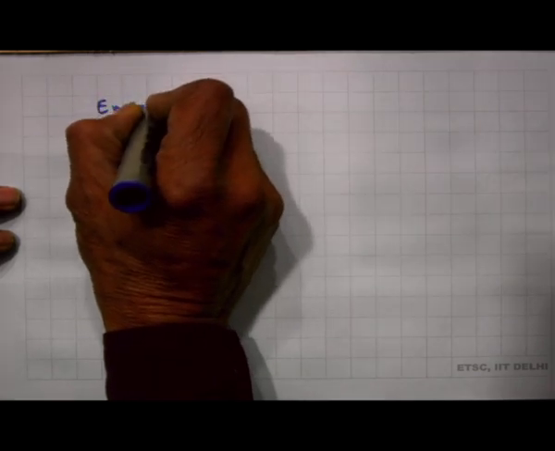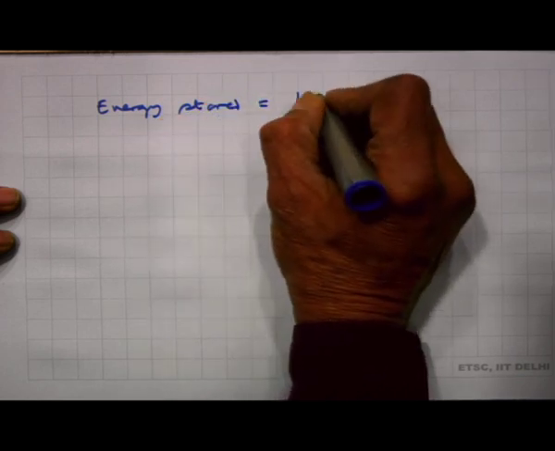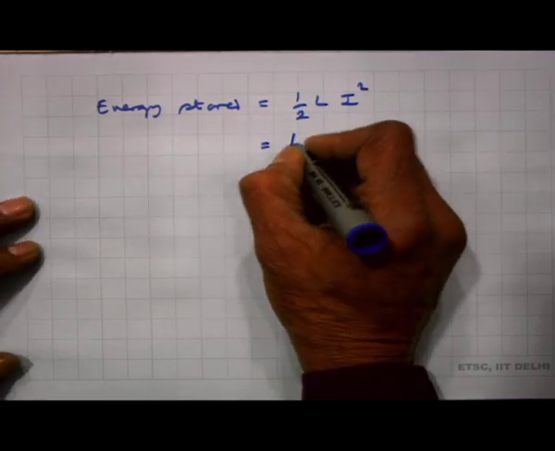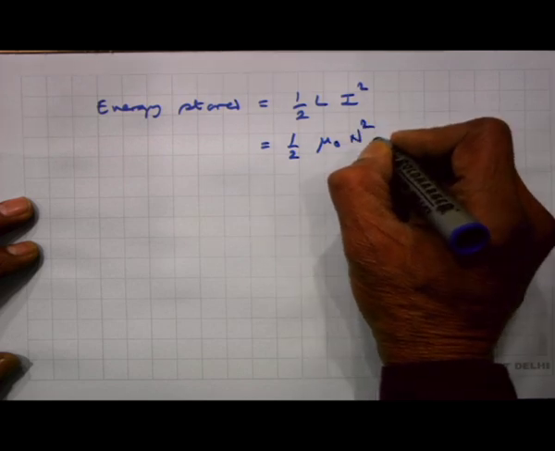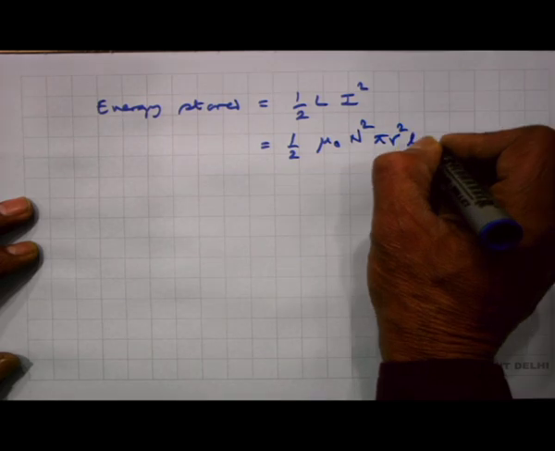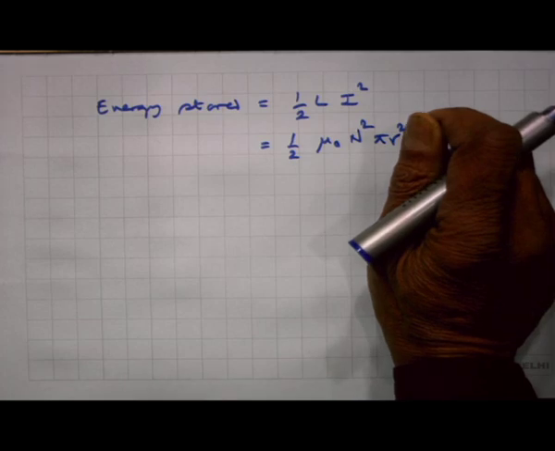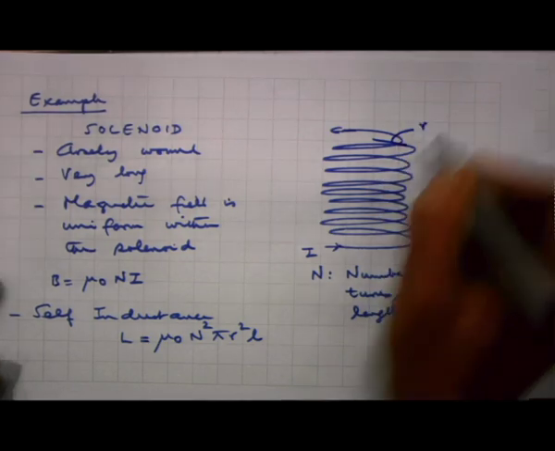Energy stored in the solenoid is half L I square, which is equal to half mu naught n square pi r square into L into I square. Here r is the radius of the solenoid.